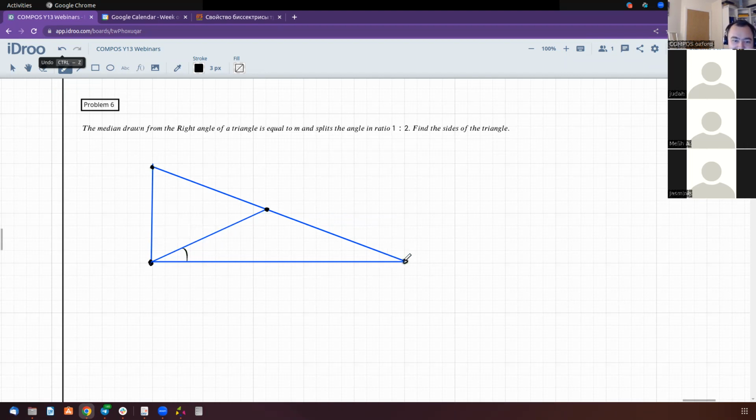Very good. Does everyone see that it is 30? Okay, it is 30, and this is equal to m. This is the median. So this must be 60. 60 degrees and 60 degrees. Let's call it ABC, BC, and this is M.